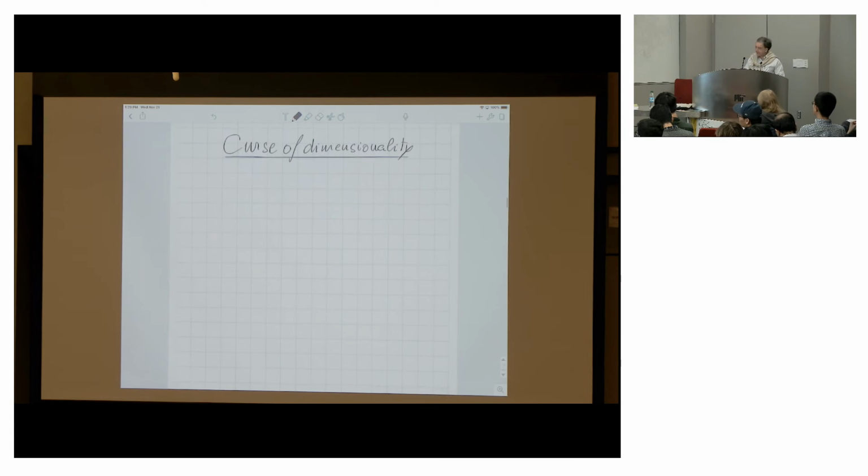And this is a term that was invented by Bellman, who developed quite a bit of optimization and control in the 50s, 60s, 70s.